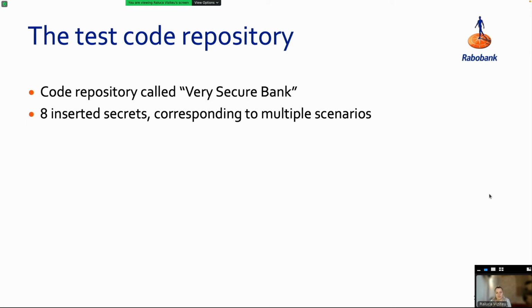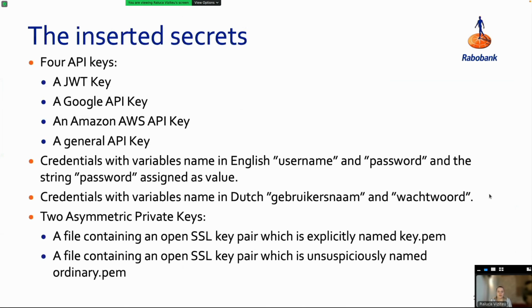8 secrets were added to the very secure bank code repository to test the performance of the secret scanning tools. The inserted secrets are 4 API keys: a JWT key, a Google API key, an Amazon AWS API key, and a general API key without a certain format.